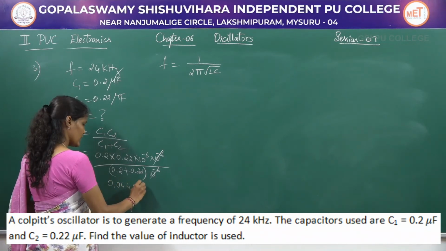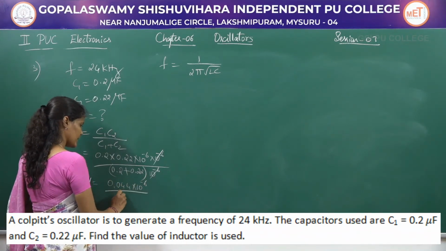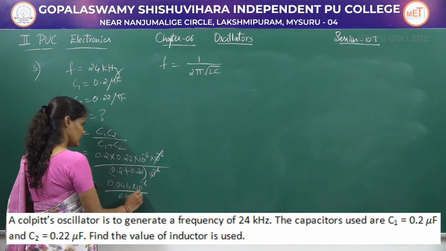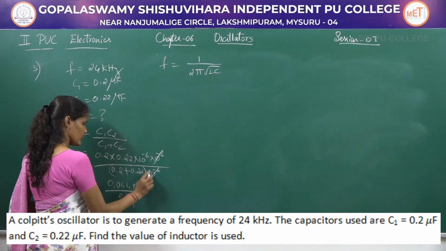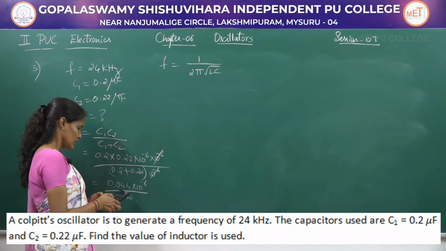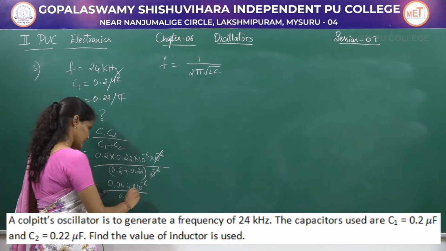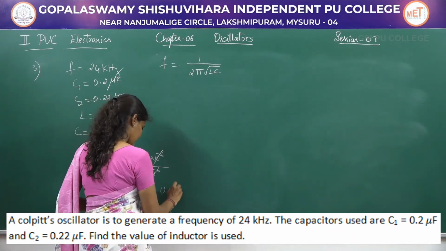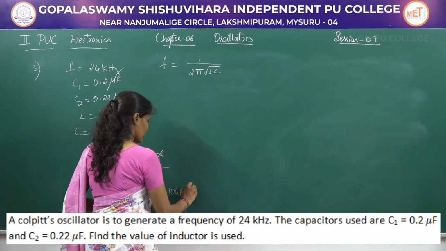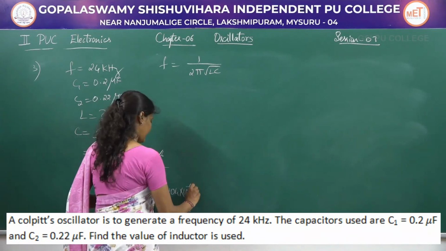So I will be left with 0.044 into 10 to the power of minus 6 divided by 0.42 into 10 to the power of minus 6, which has already got cancelled. So 0.044 divided by 0.42 gives us 0.104 into 10 to the power of minus 6 farad.